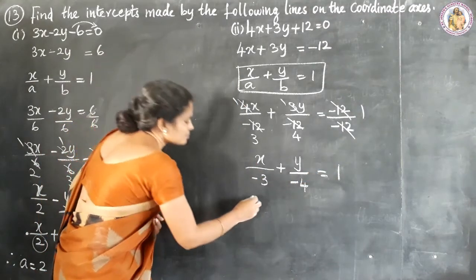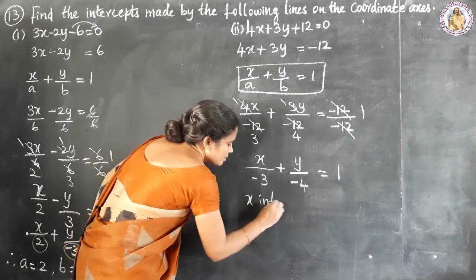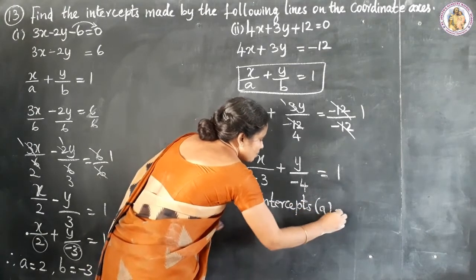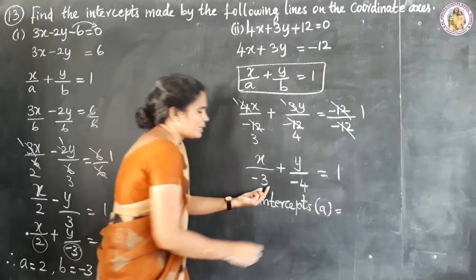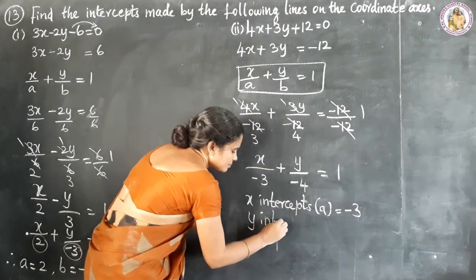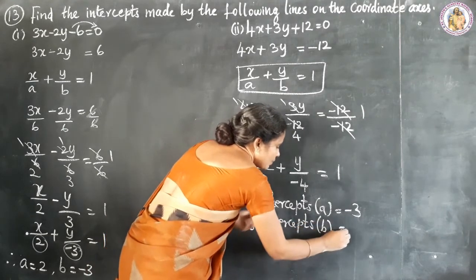Now the x intercept a is equal to minus 3 and the y intercept b is equal to minus 4.